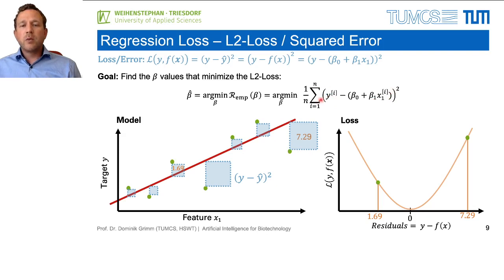We square it up, we sum it up, we divide it by n, and therefore we like to find those values that lead here to the minimal value. One problem with this L2 loss is, compared to the L1 loss, that if the errors are rather large, we might get an even worse error when we square it.